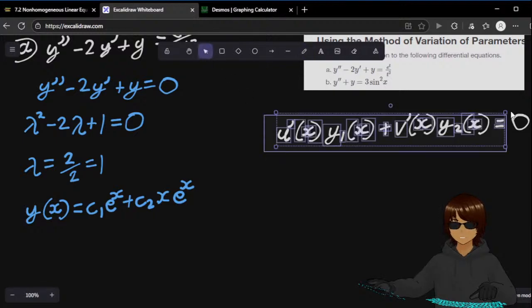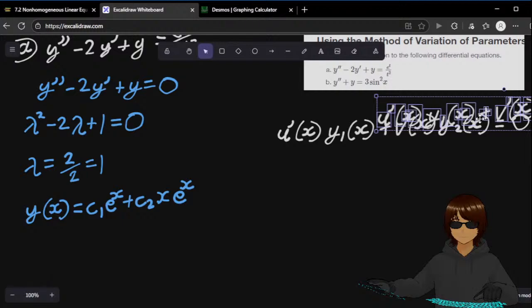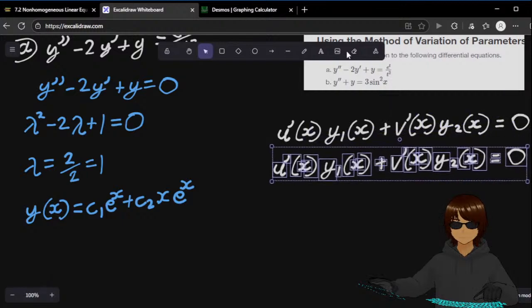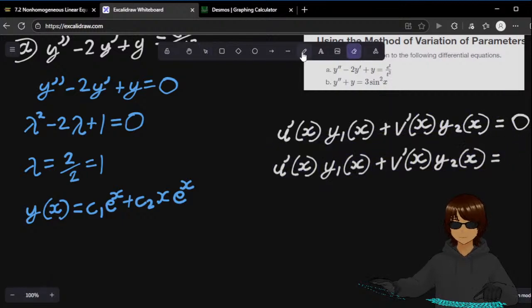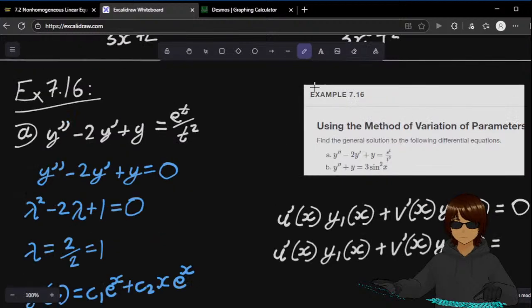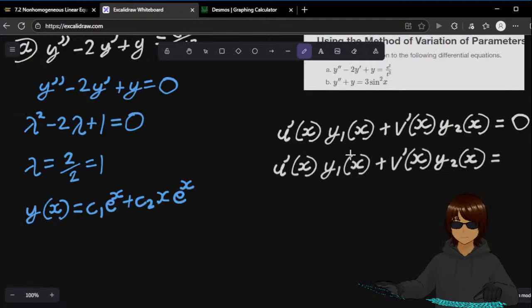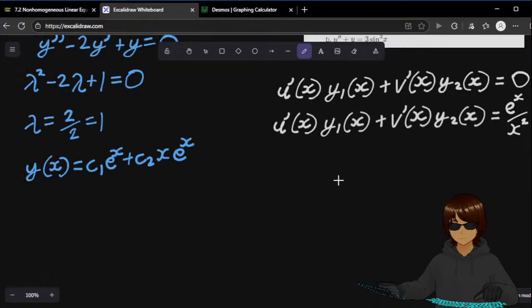And we have this, and e to the, wait, it's t, it's not x. I'm writing x over here. Let's just write x here. Right, now we need to solve this thing.